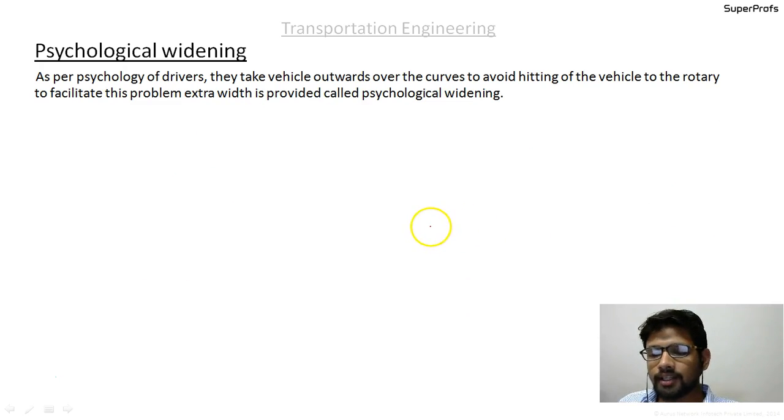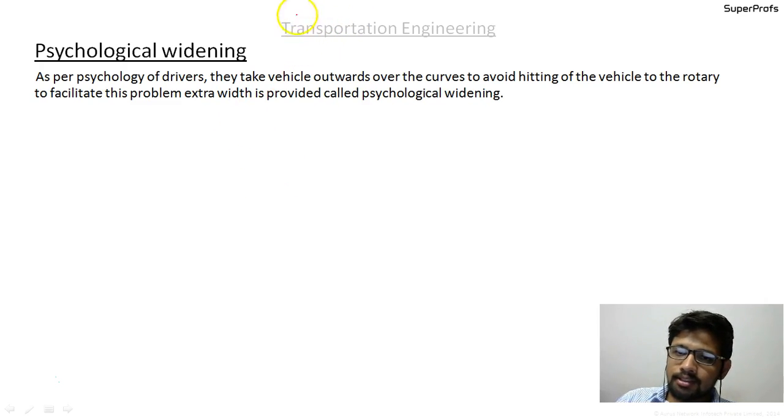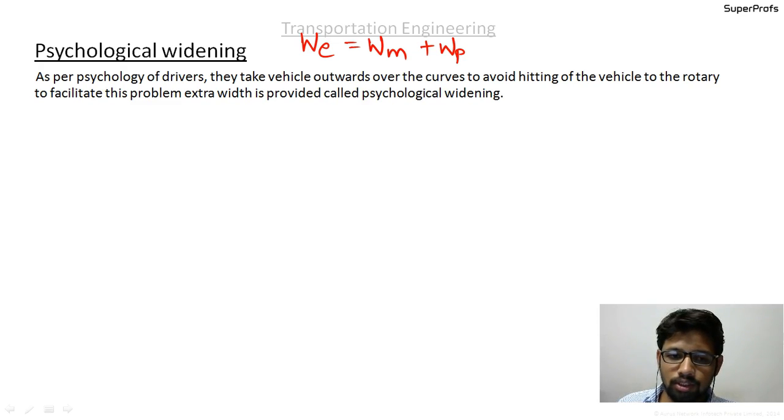Okay, so the next type of widening is psychological widening. We discussed that extra widening consists of mechanical widening and psychological widening. So now let us study what is psychological widening. The vehicle is taken outwards over the curve to avoid hitting the rotary.